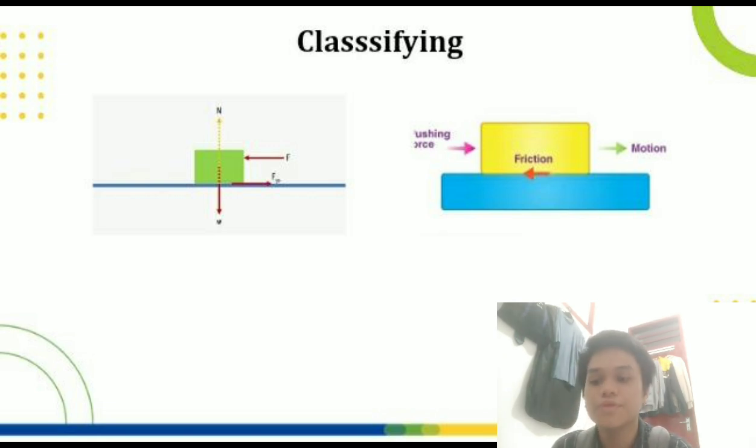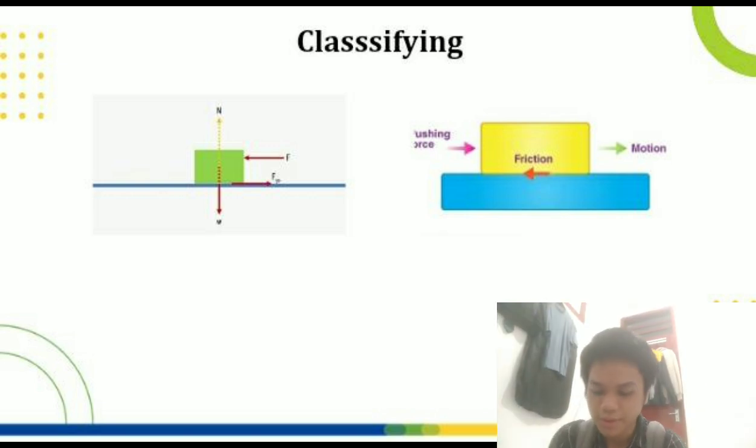So when an object moves, friction will form between them. An example of friction is when you push a table. If the surface of an object is rough, the friction force can be greater, and vice versa. So the value of the friction force on an object is influenced by the roughness or smoothness of the surface of another object.